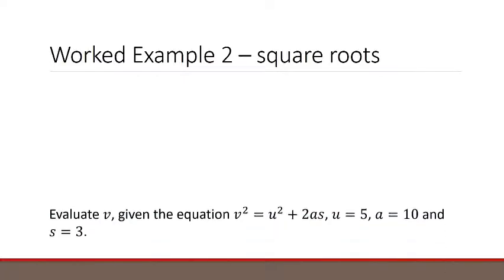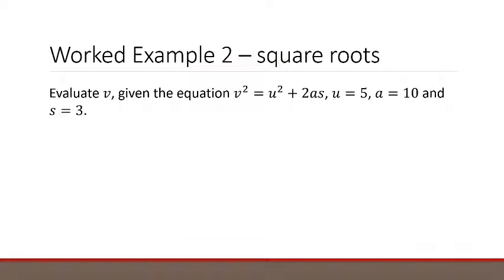In worked example 2, we'll look at evaluating expressions that have square roots. So this one doesn't seem to have a square root at first, but we'll see. The question is, evaluate v, given the equation v squared equals u squared plus 2as, and u equals 5, a equals 10, and s equals 3.